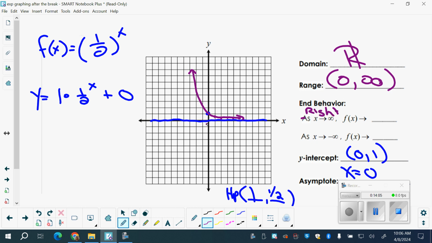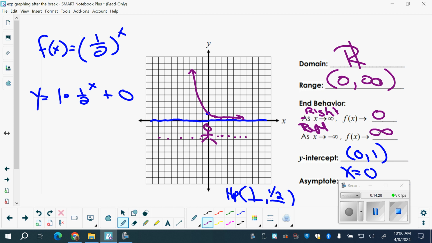Here he is. He's walking. What's happening as he's walking to the right? Is it getting bigger or smaller? Smaller. So it's going to 0. And if he's going to the left over here, he's walking. Now it's getting bigger. Does that make sense? It kind of flips a little bit.